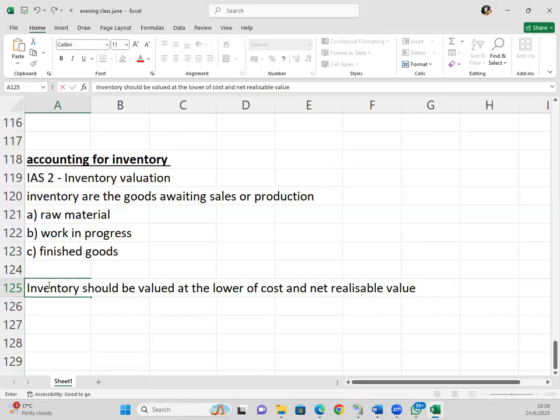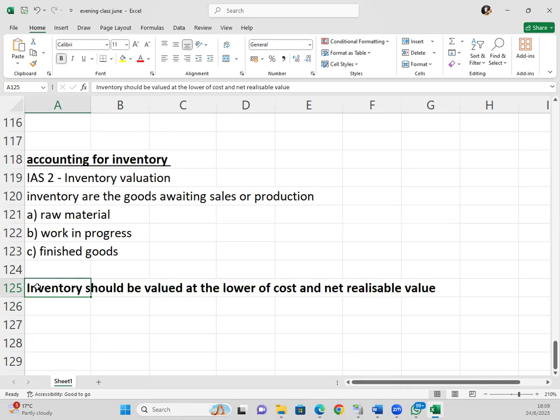That is the requirement of IAS 2. When you have inventory in the business, the value of that inventory should be the lower of cost and net realizable value.